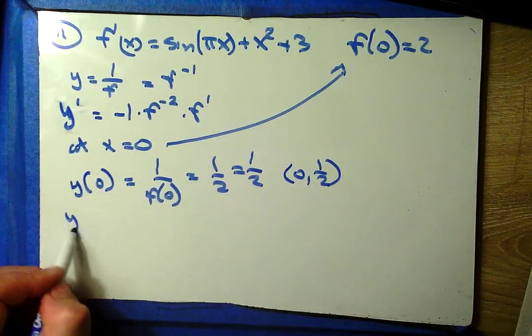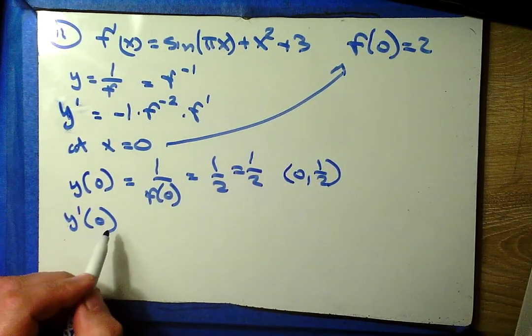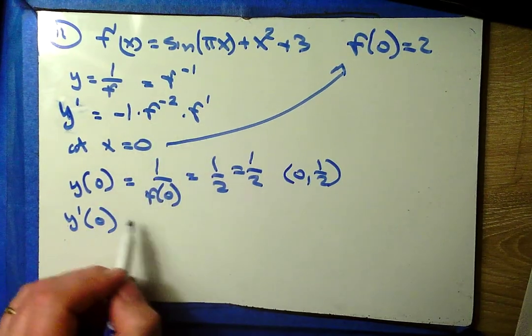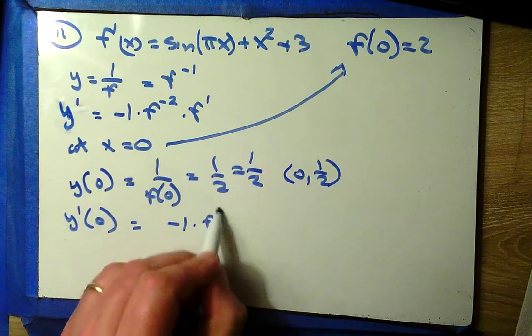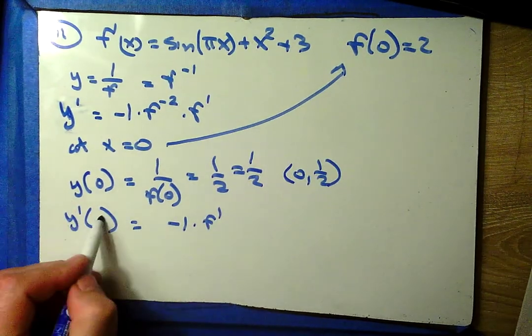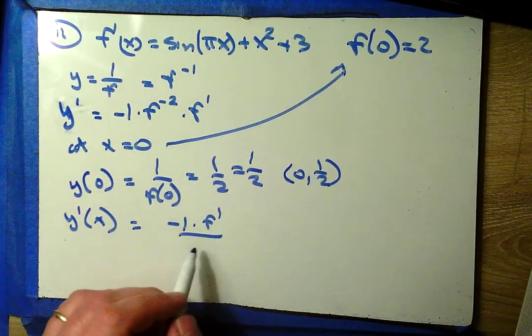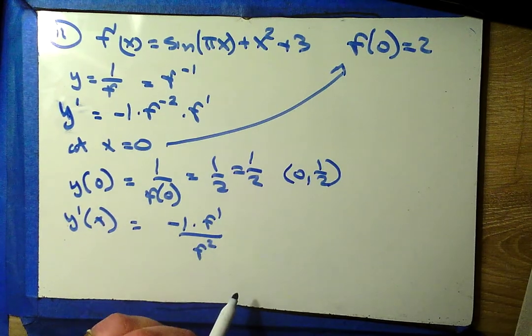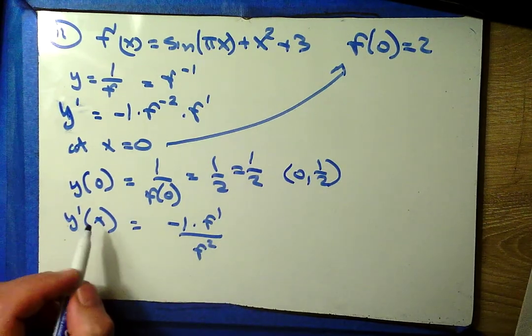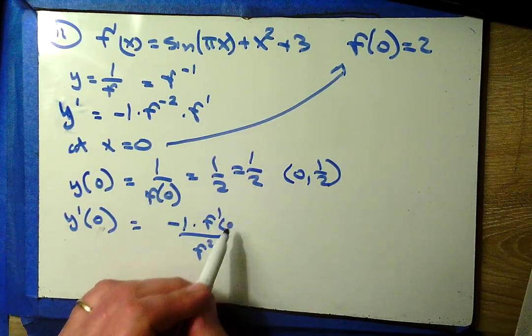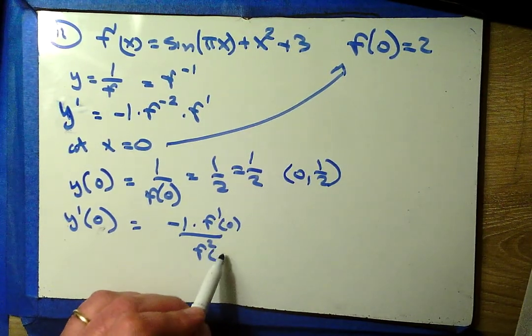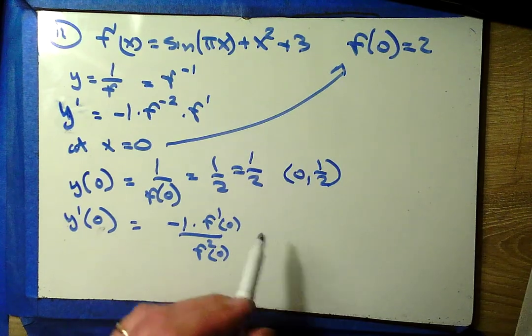Now, I also need y prime at 0. Well, here's y prime. It's negative 1 times f prime over f squared. And I want the derivative at 0, and f of 0 squared.